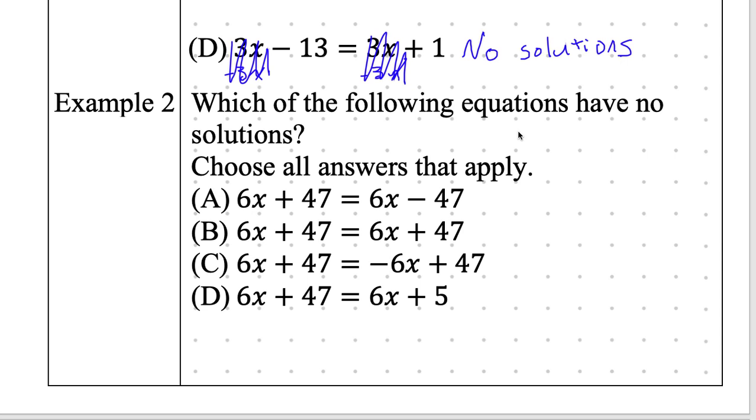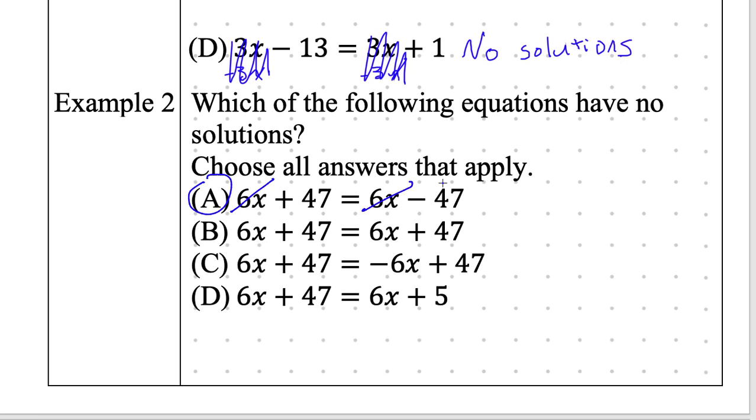All right. So, can someone give me one of the answers and explain the logic? Emma? A. How'd you get A? Because when you subtract 6x on both sides, you get positive 47 equals negative 47, which is no solutions. Perfect. A is one of the answers.